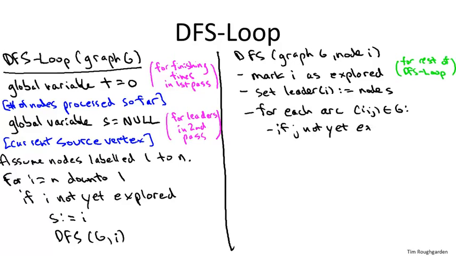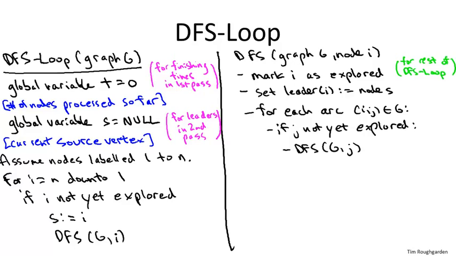There are no more outgoing arcs to explore. We think of it as being finished. Remember, t is the global variable that's keeping track of how many nodes we're done with. So we increment t because now we're done with i. And we also remember that i was the tth vertex with which we finished. That is, we set i's finishing time to be t.